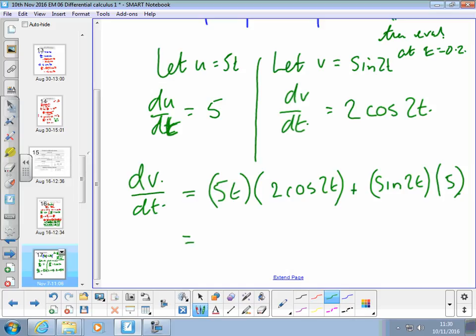Can you simplify that or not? Let's simplify one side first. Multiply them brackets out. 10t, 2 times 5. Agreed?